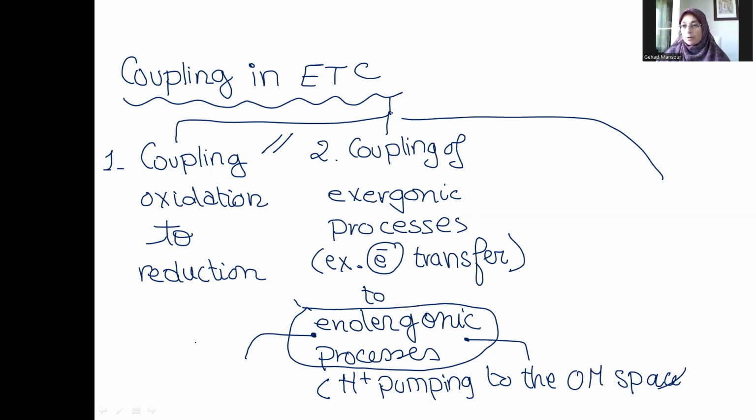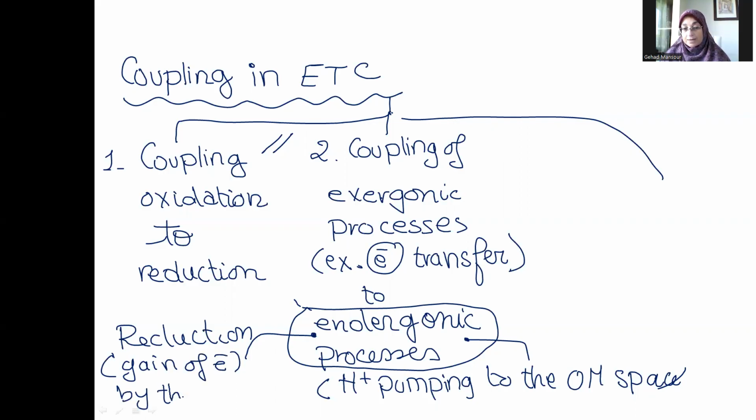The other one is just as important, because the other endergonic process is the reduction of the next carrier, since the gain of electrons by the next carrier is also an endergonic process. So when we say that we have coupling of oxidation with reduction, this is coupling of an exergonic process with an endergonic process.